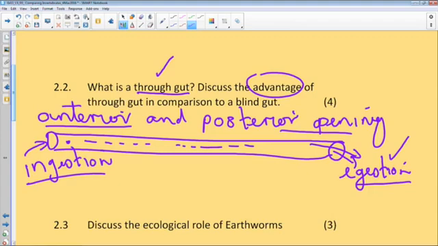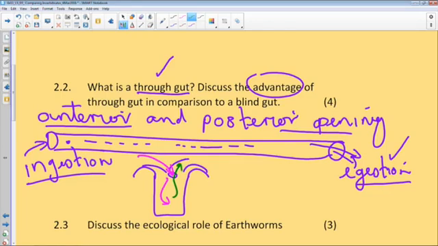Guys, if we compare a blind gut, and I'll try and draw a diagram of a hydra here, a blind gut essentially is an organism that has a common oral opening through which food will enter. Let me just change the color of my pen. So here you're going to find food that enters, goes into the body cavity, undergoes digestion, and then through that same opening the waste products are released.